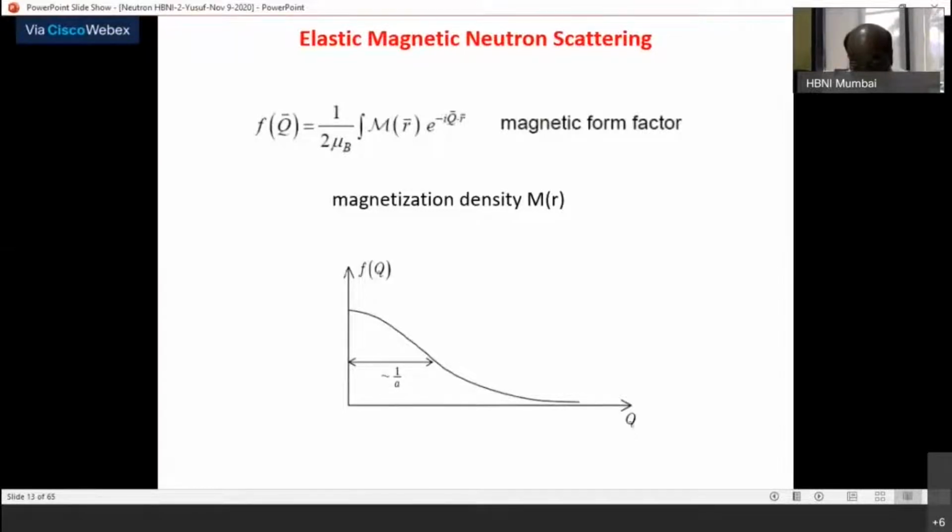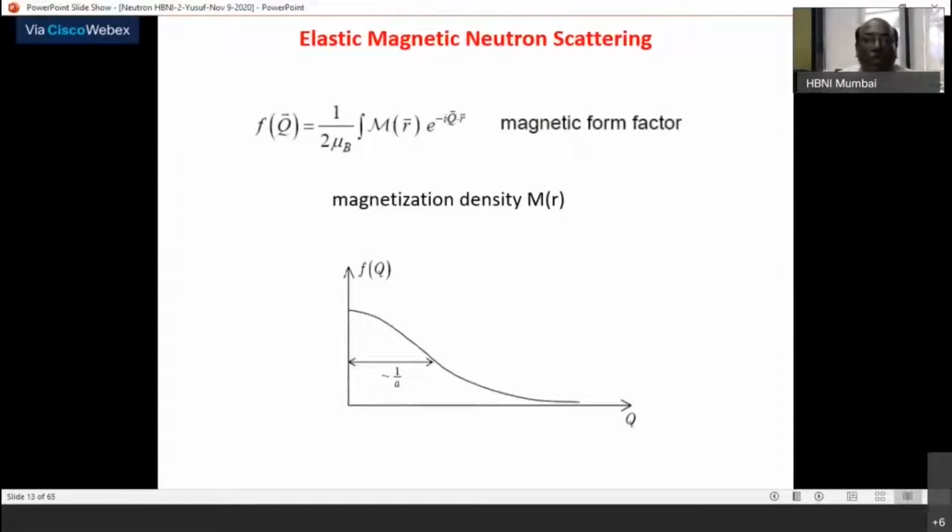And why? Because when you deal with magnetic atoms or magnetic ions, what is the picture you have in mind? That these unpaired electrons are in certain shells, for example, 3d transition metal elements, at the 3d electronic shell, you have unpaired electrons. Or for rare earths, it is the 4f shell where you have unpaired electrons.